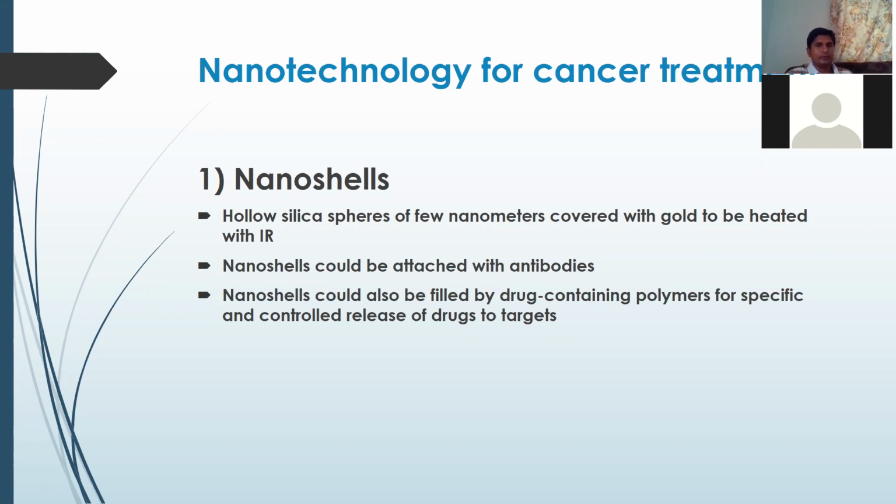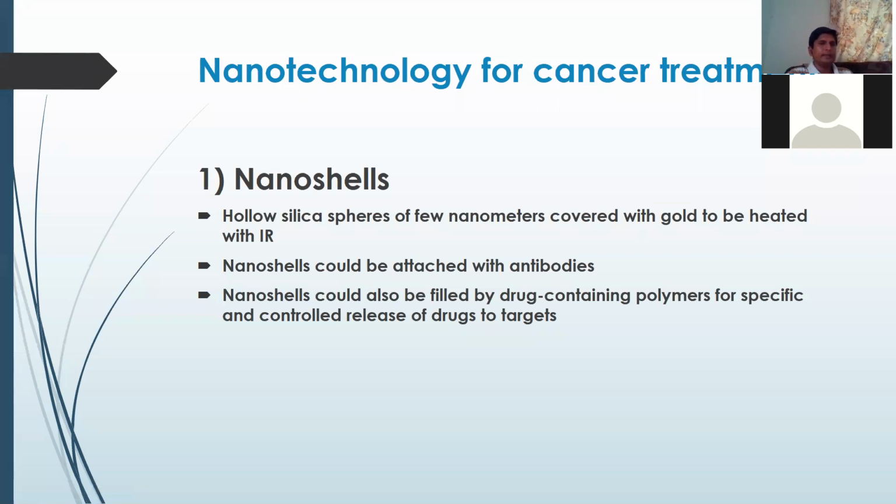These nanoshells could be coated with gold nanoparticles in order to heat these gold nanoparticles with infrared radiation. So one strategy is the use of nanoshells and then heating them with infrared radiation in order to use them as therapeutic agents. What would be the benefit?